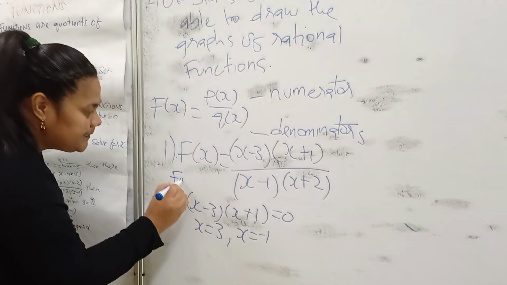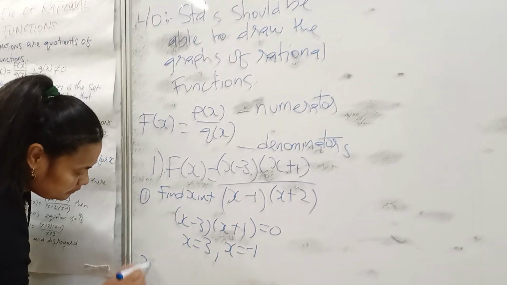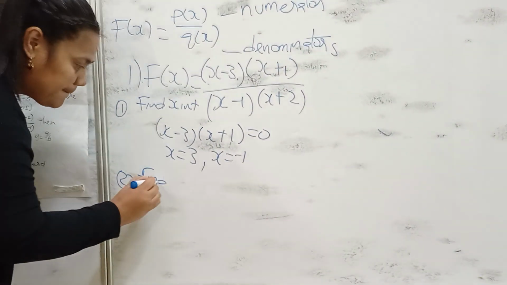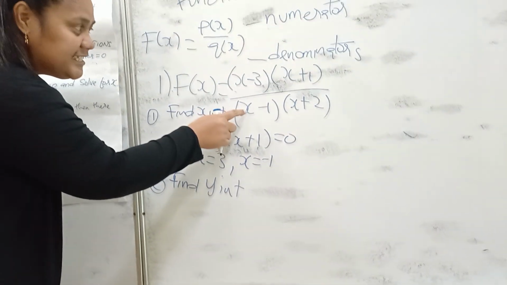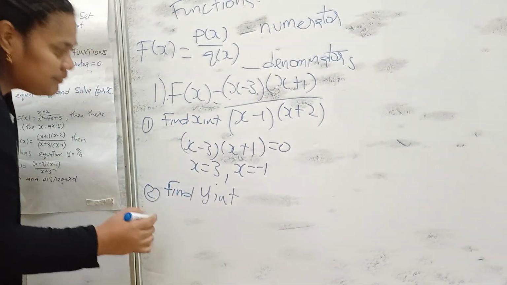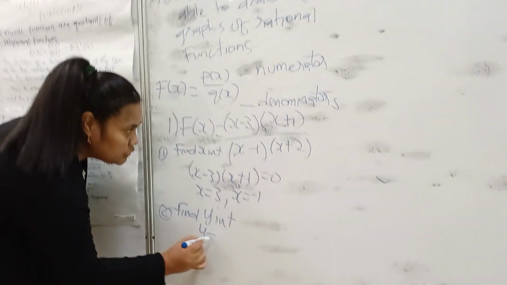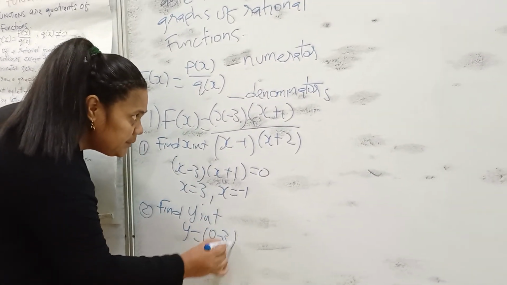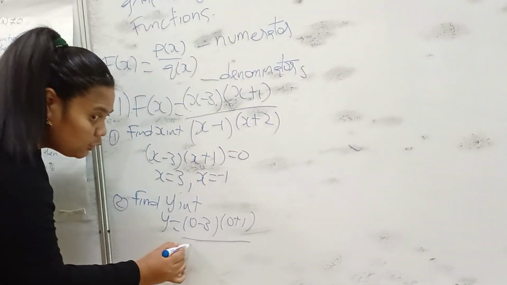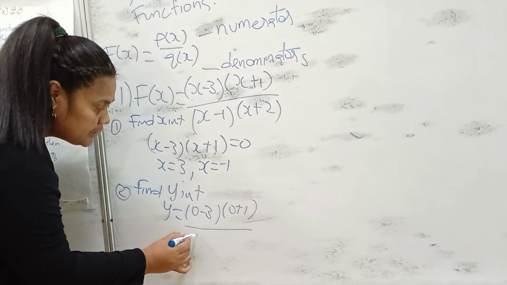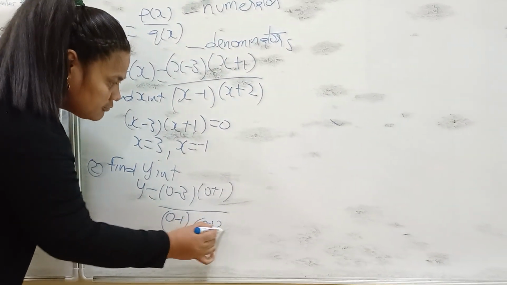The second step, find the y-intercept. For finding the y-intercept, we must let x equal 0, right? Following, class? Yes. y is equal to (0 minus 3)(0 plus 1) over (0 minus 1)(0 plus 2).